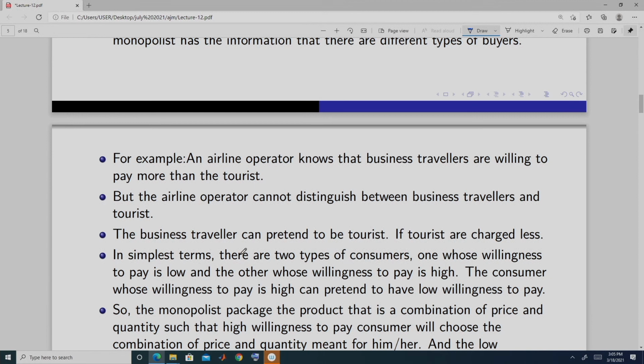The tourists' willingness to pay is not that high, because they can wait. If the price is very high, they may postpone their travel or reschedule their whole schedule. So the willingness to pay is different for business travelers and tourist travelers.